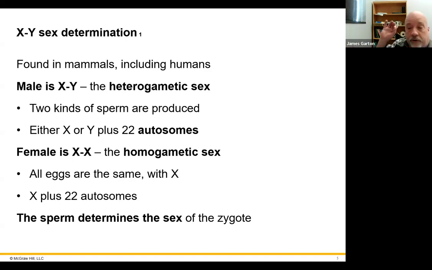All gametes are going to carry an X chromosome. And then one of the 22 autosomes in both cases. And in this type of sex determination system, it is the male that determines the sex of the offspring.